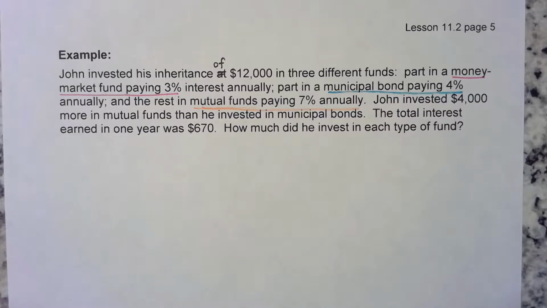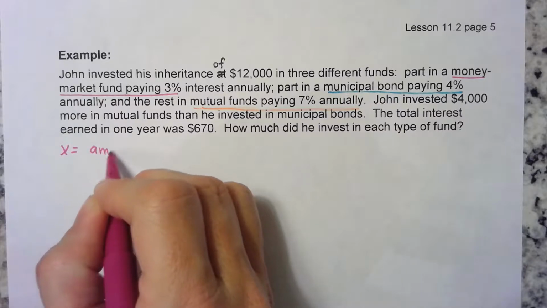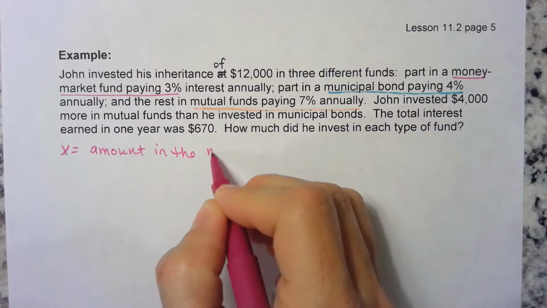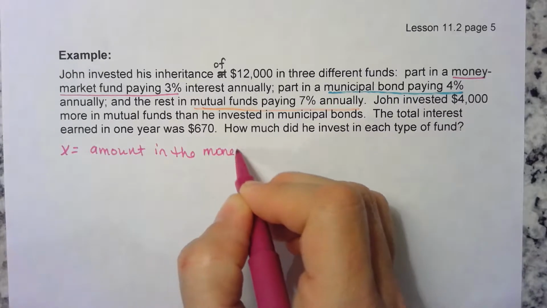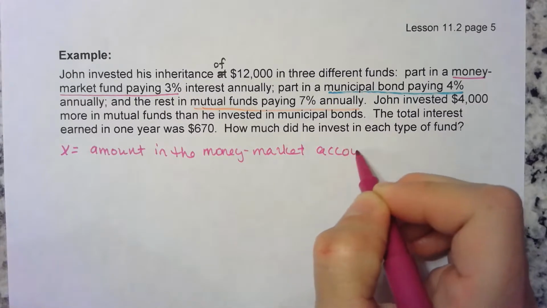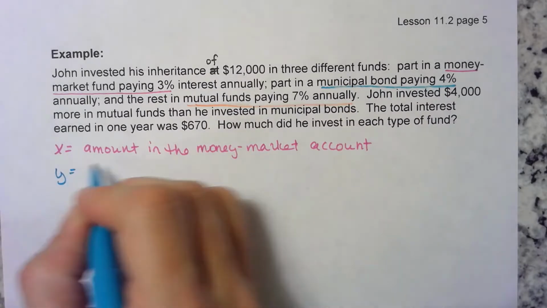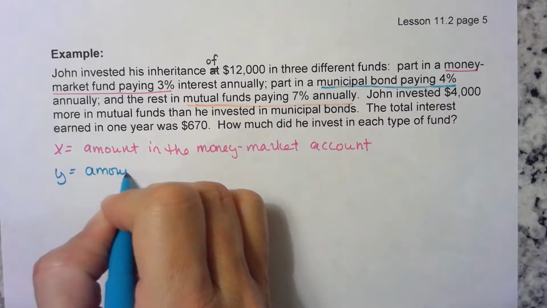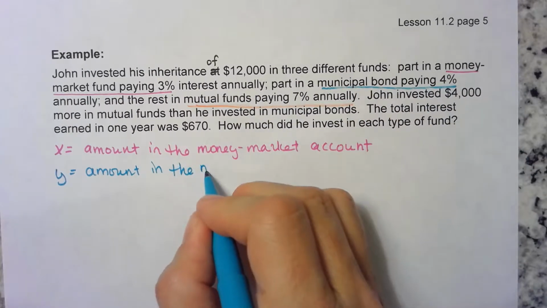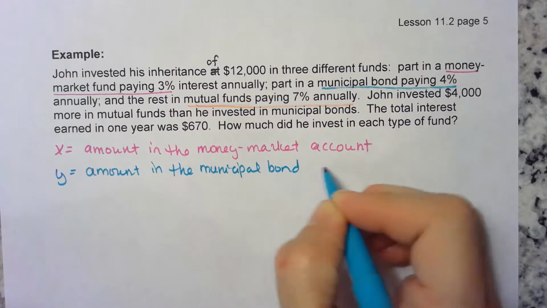So how about we say X equals the amount that he invested in the money market account, and let's say that Y is equal to the amount that he invested in the municipal bond account.